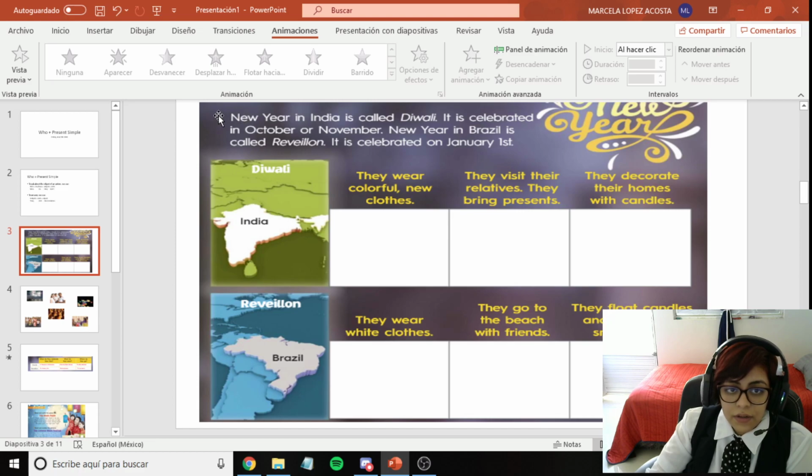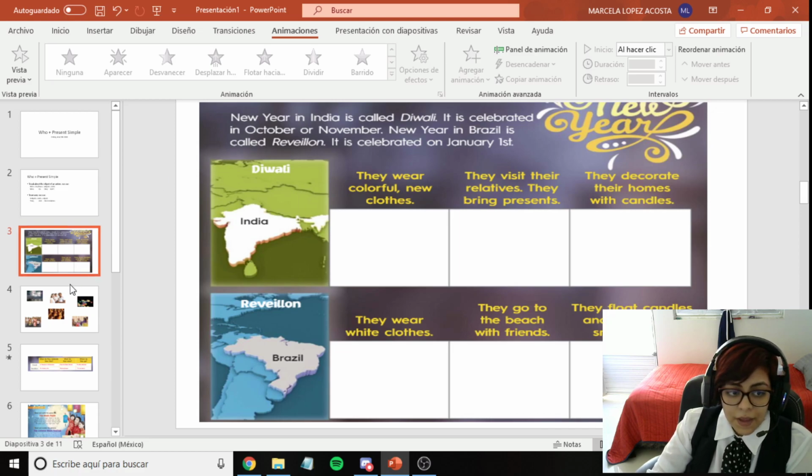We have here in the reading that New Year in India is called Diwali. It is celebrated in October or November. The New Year in Brazil is called Réveillon. It is celebrated on January the 1st, like in our country.